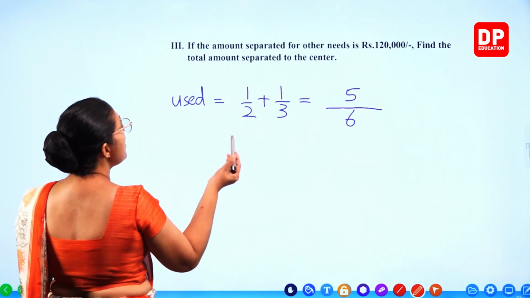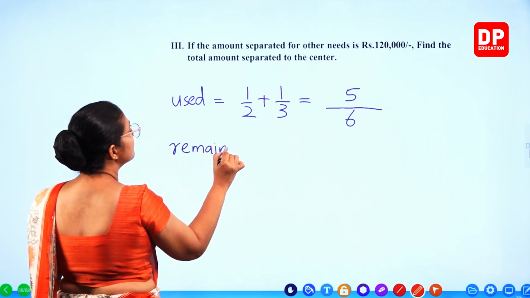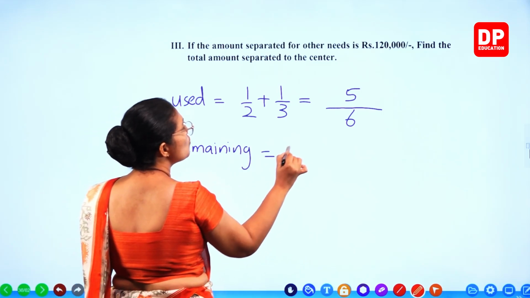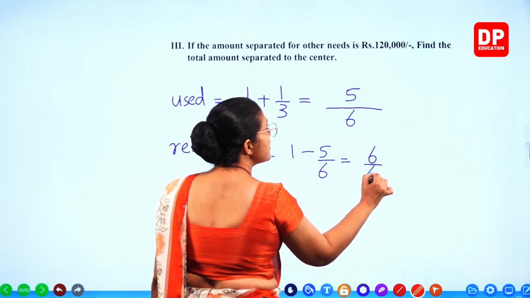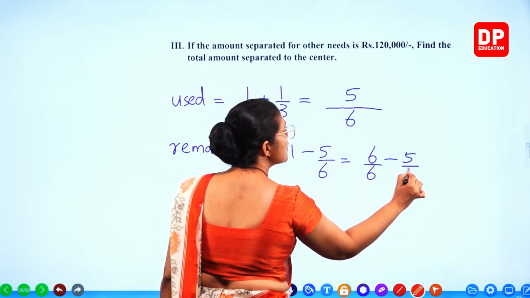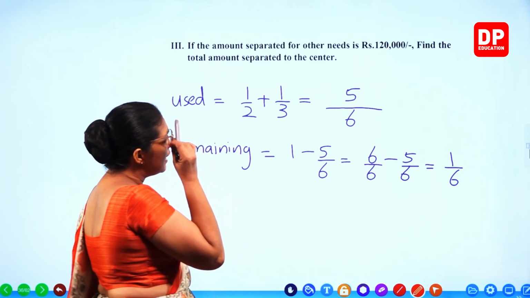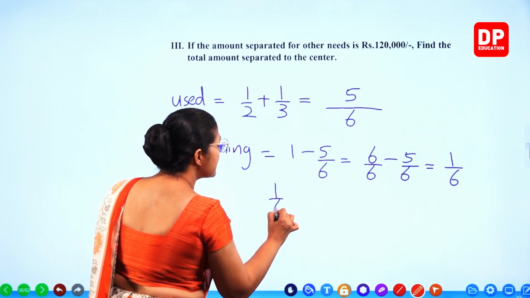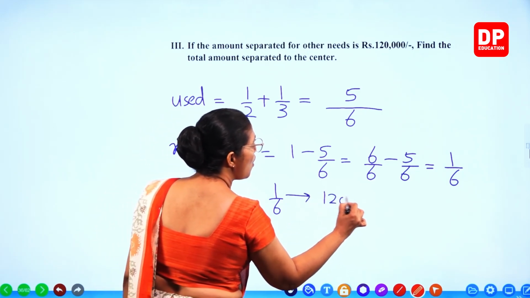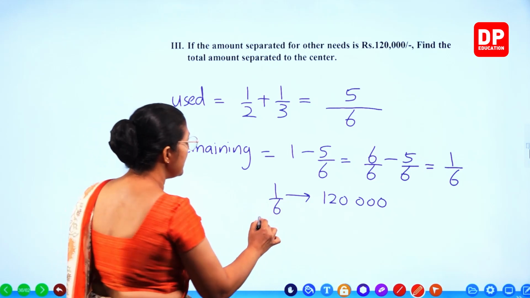So what is the remaining? 1 minus 5/6. That means 1 you can write 6/6 minus 5/6. That's 1/6 is remaining. That part is 120,000 rupees. 1/6 is 120,000 rupees. So what about the total money?